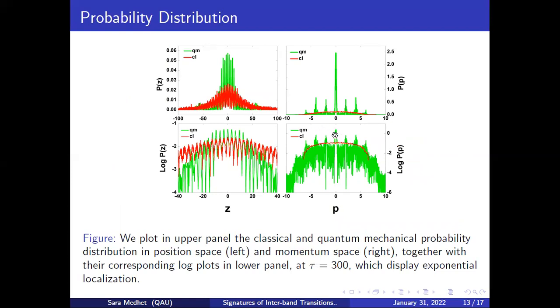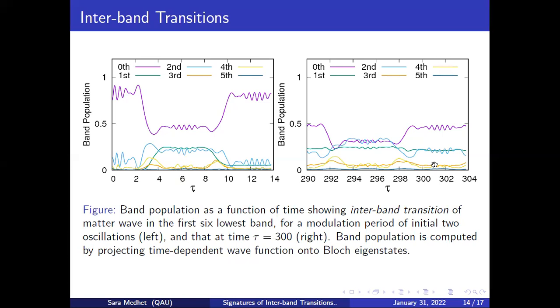So the maximum population resides in the zeroth band, and then first, second, and third, and after that we get a sharp decrease in the population. This strengthens the presence of dynamical localization both in position and momentum space in our system, that is the amplitude modulated optical lattice.